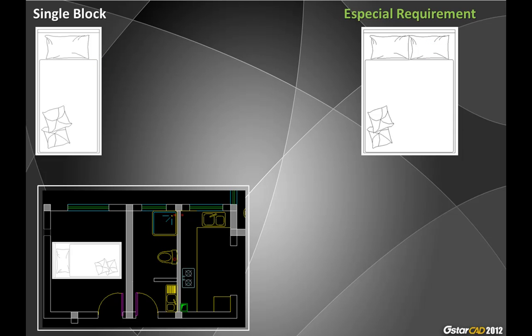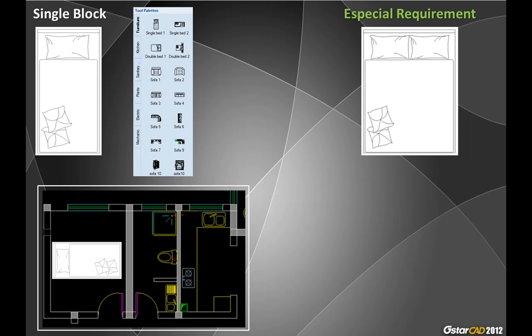So what you're gonna do is go to your tool palette and find this special requirement and insert it on your drawing, but you can see that you cannot find this special requirement in your tool palette. So what you're gonna do with your single block to change it for this special requirement? You have to do three steps: you must explode, redraw, and save as.